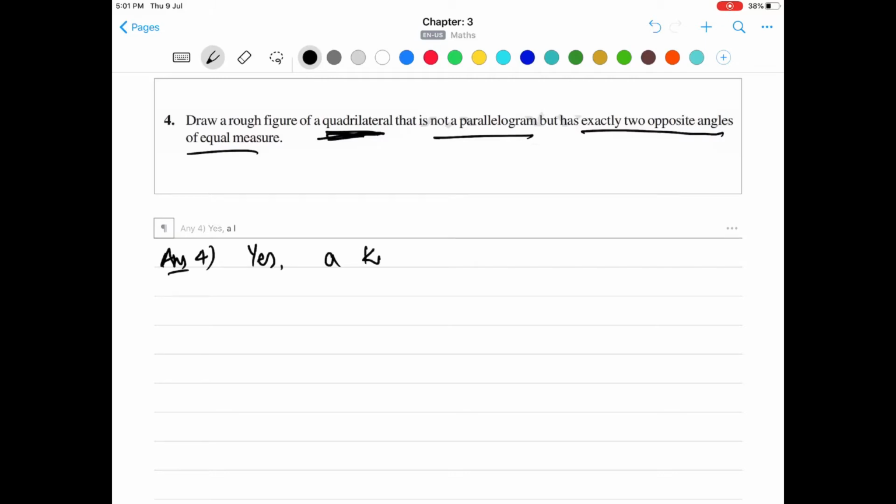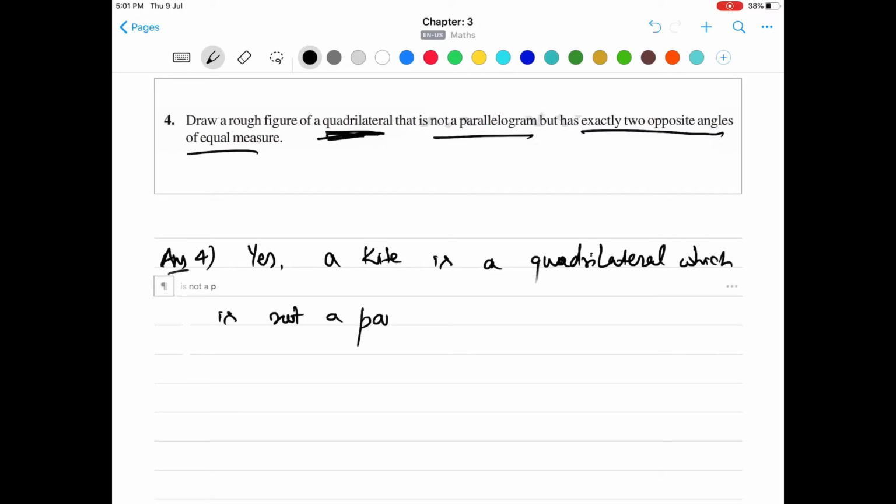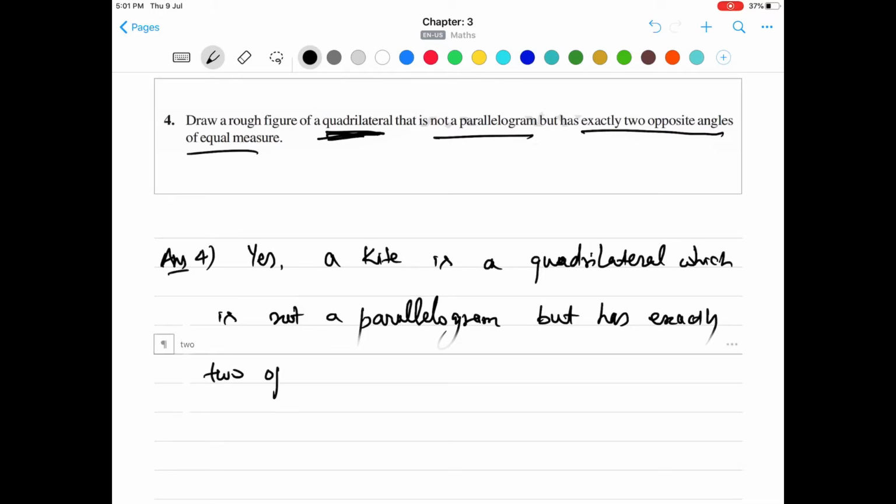A kite is a quadrilateral which is not a parallelogram but has exactly 2 opposite angles of equal measure.